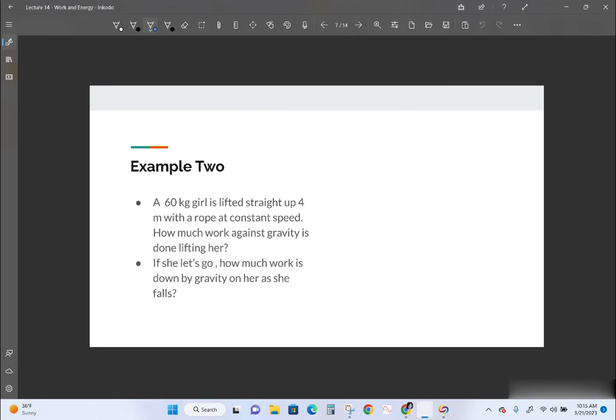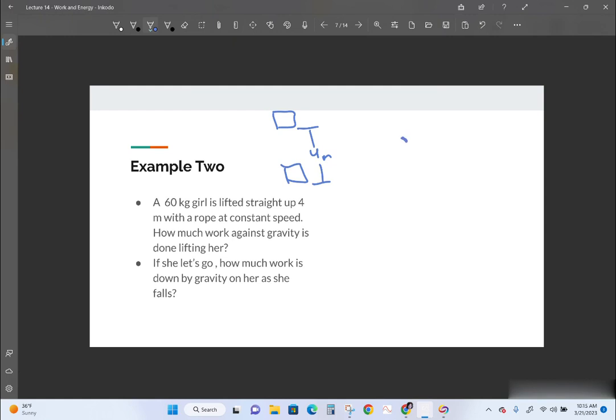Let's talk about lifting something. So let's say you have a girl and you lift her 4 meters. So I'm just going to draw what's happening, kind of sketch it out. You've got a girl and you're going to lift her 4 meters. So imagine that you're lifting this girl at, at the bare minimum, a constant speed.